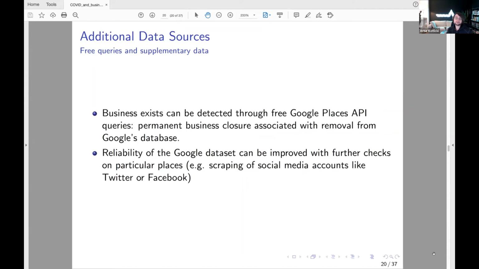We cannot retrieve any other information about it, but we can see whether the business is permanently closed and has been removed from the database. So this is quite a quick and cheap way of doing so for us. Another thing is we can incorporate further data sets, such as Yelp or social media scrapings from Twitter or Facebook.